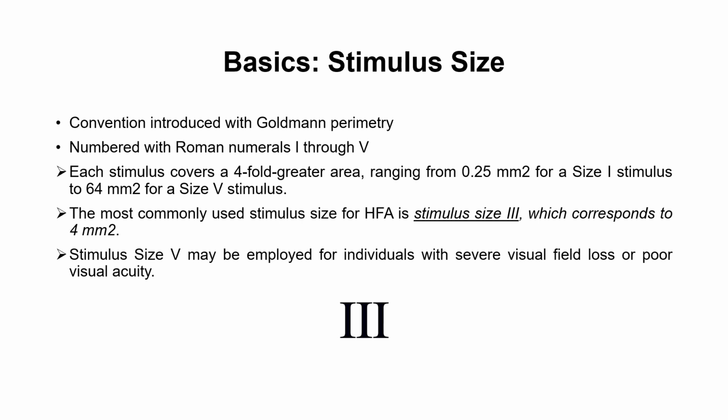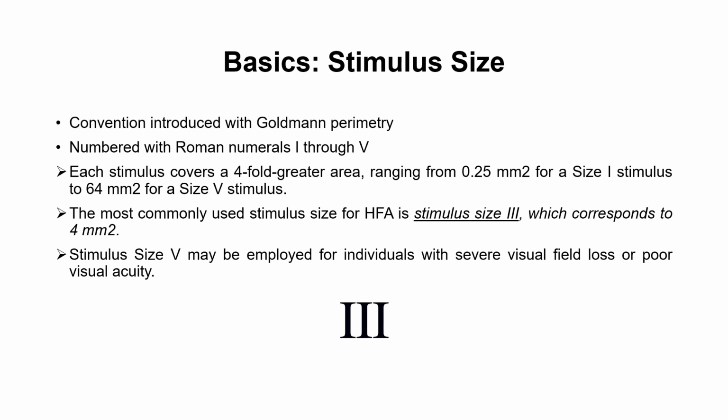It's numbered with Roman numerals from 1 through 5, and each stimulus covers a 4-fold greater area, ranging from 0.125 millimeter square for size 1 to 64 millimeter square for size 5.